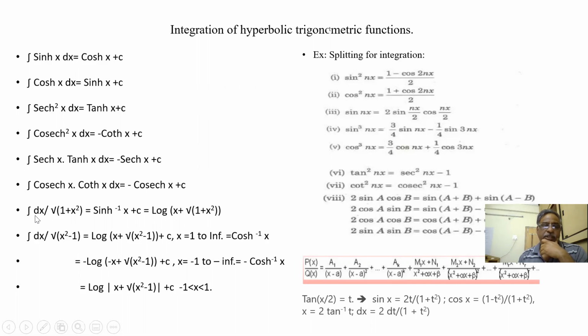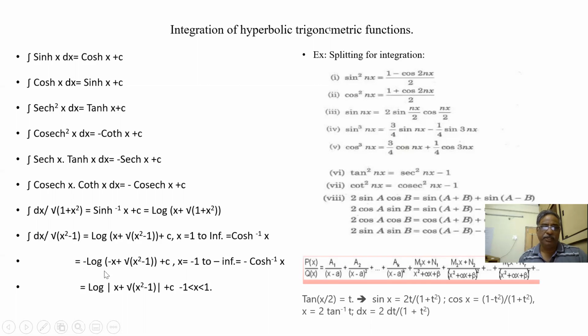Now we have seen here integral dx by root of 1 plus x square. Earlier we know 1 minus x square gives sin inverse, and 1 plus x square gives sinh inverse x plus c. Or whenever h is there, I can put log of x plus square root of 1 plus x square. Similarly, dx by root of x square minus 1 is cosh inverse x plus c, or we can write this as log of x plus square root of x square minus 1 plus c.